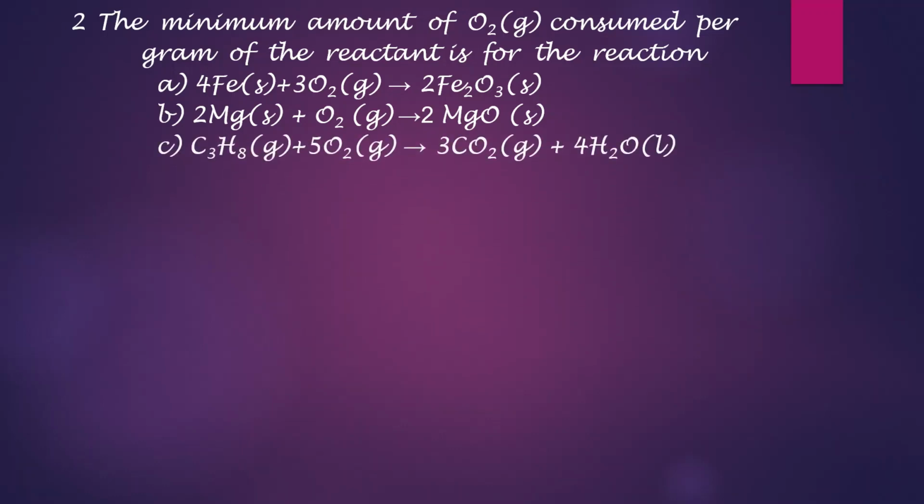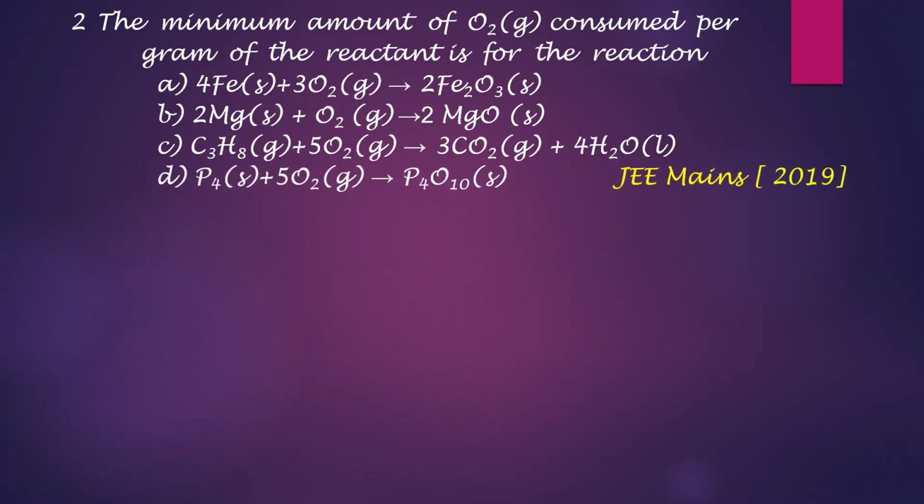C. C3H8(g) plus 5 O2(g) gives 3 CO2(g) plus 4 H2O(l). D. P4(s) plus 5 O2(g) gives P4O10(s). Dear friends, this question also was asked in JEE Mains 2019.